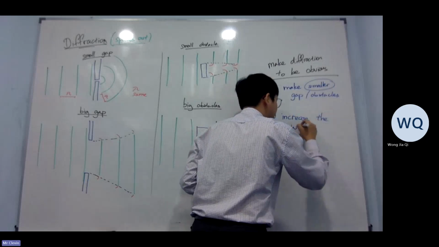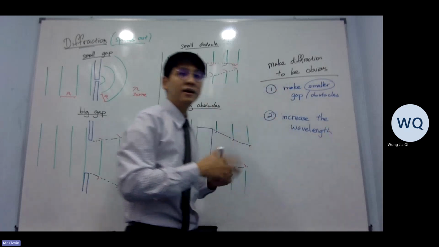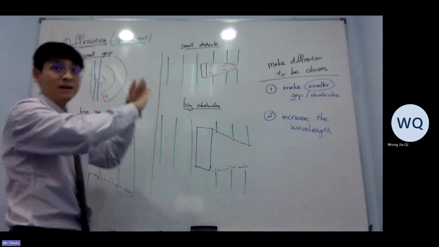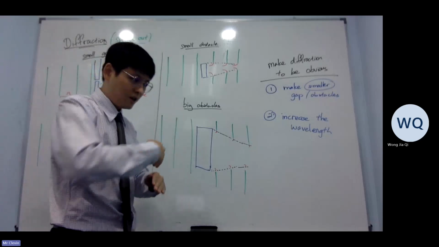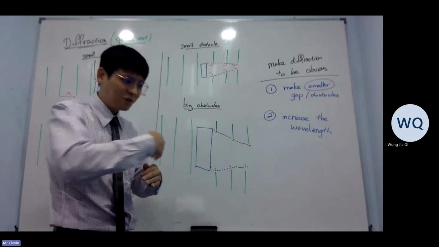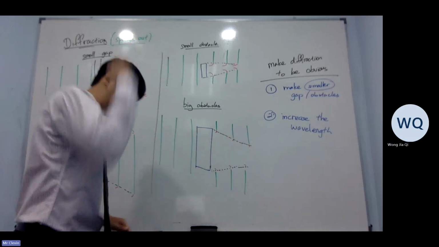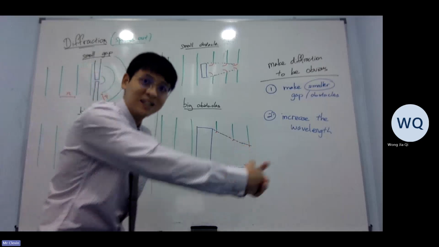increase the wavelength. Let's say, for example, imagine that we are actually doing this experiment now. We are doing a top-down view. If I tap the water continuously, it's very hard for you to identify, oh, this is my second wave, this is my third wave. But if I tap slowly, the first wave you see, then I tap again, you see the second wave.